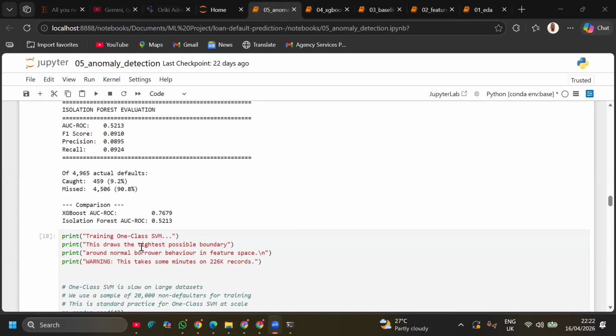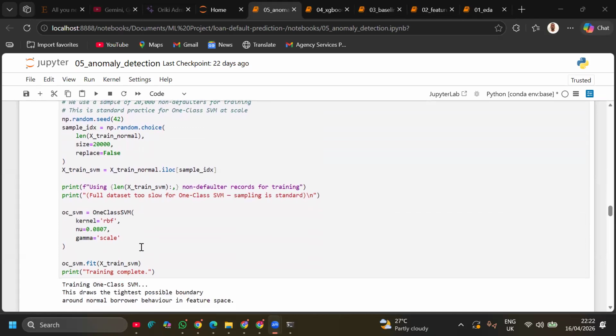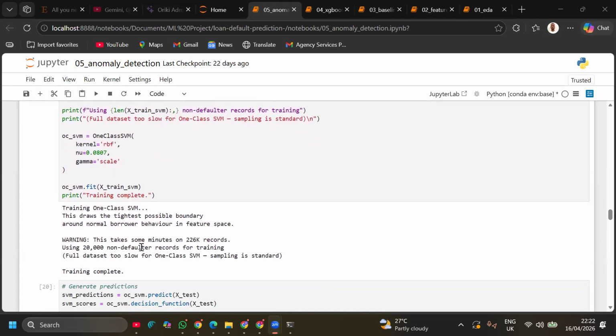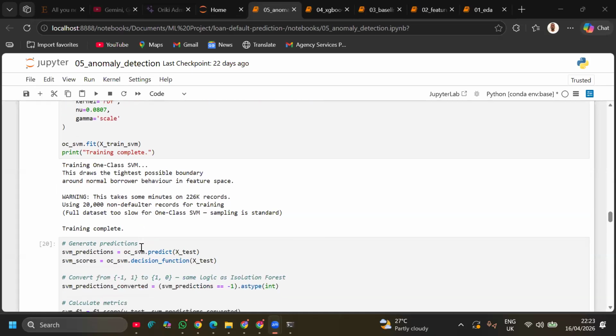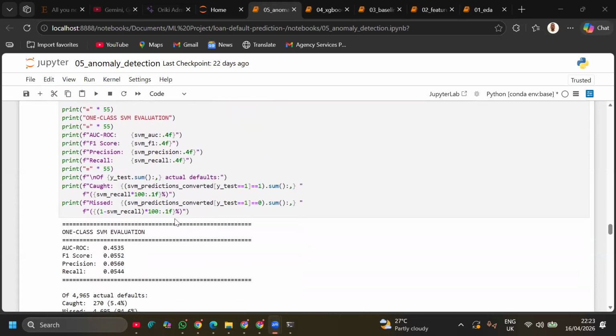So in essence, we cannot treat loan defaults as an anomaly situation, because what is happening with Mr. A is not the same thing that is happening with Mr. B. So we cannot group them in the same category. That is why this model is not actually working so well for this kind of loan.